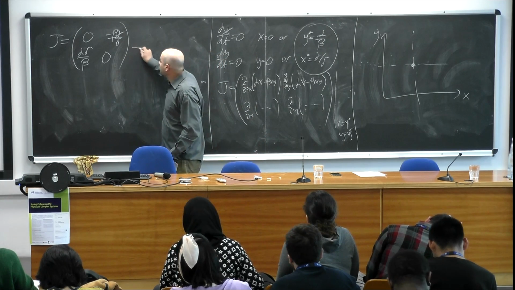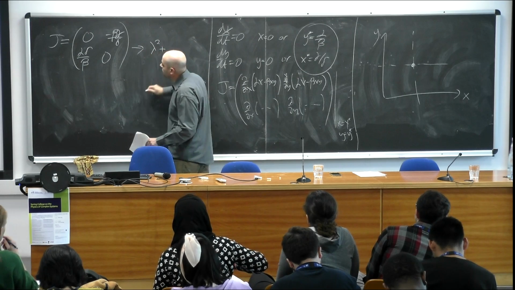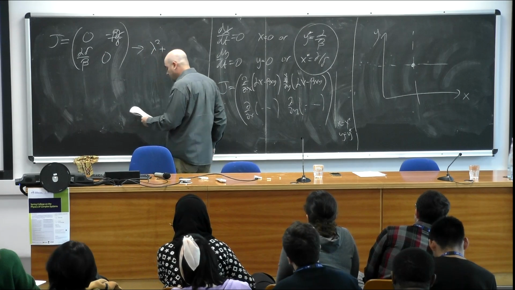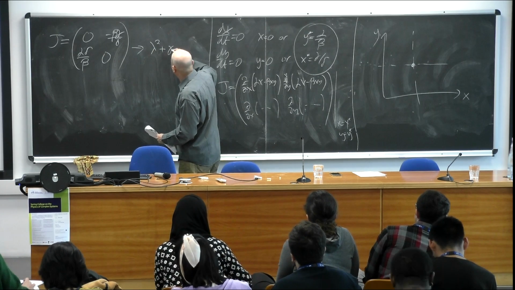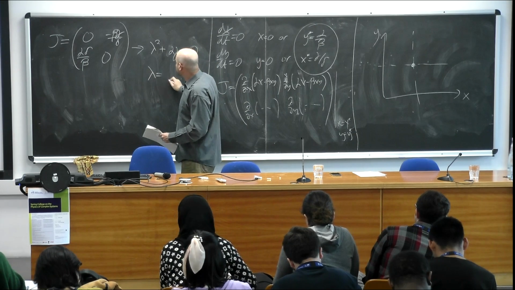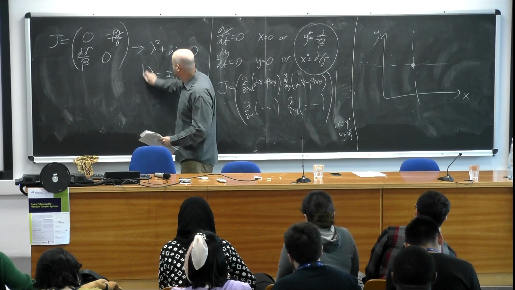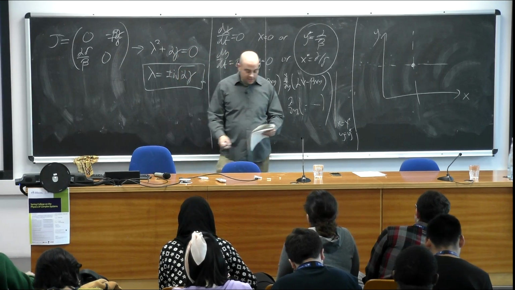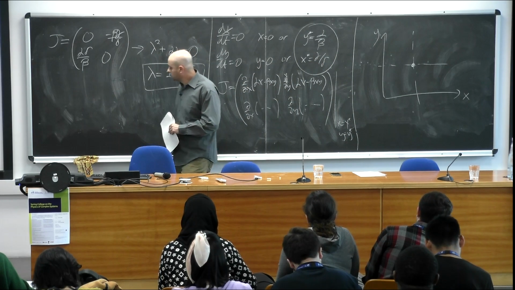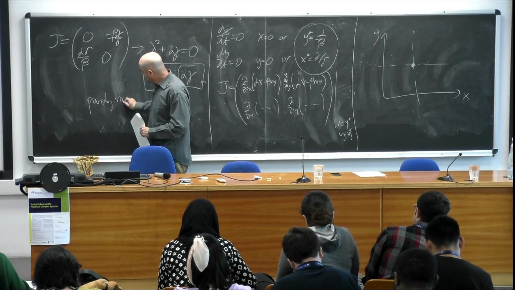Because then the eigenvalue spectrum, of course, is lambda squared plus, and then the beta cancels the beta, and the delta cancels the delta, and what we have is just alpha times gamma equals 0, or that lambda is plus or minus i times the square root of alpha gamma, right? So we have purely imaginary eigenvalues of the Jacobian, purely imaginary.